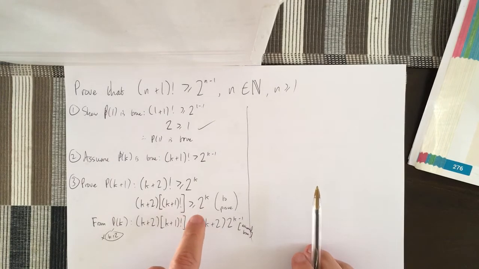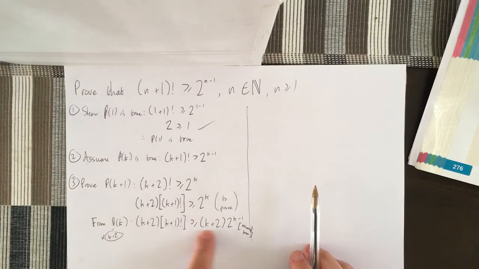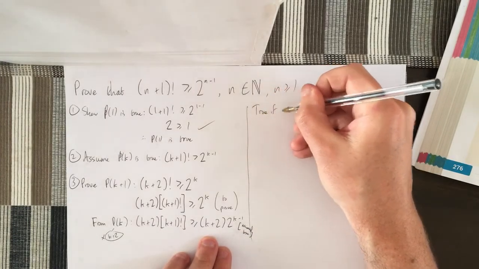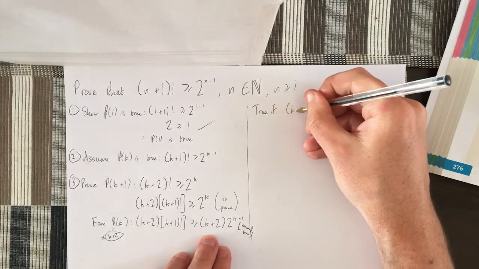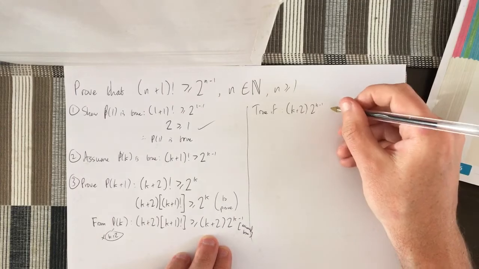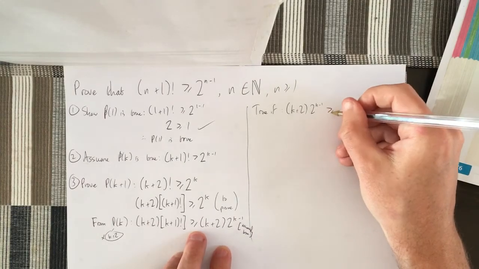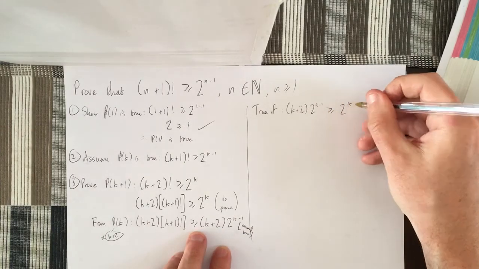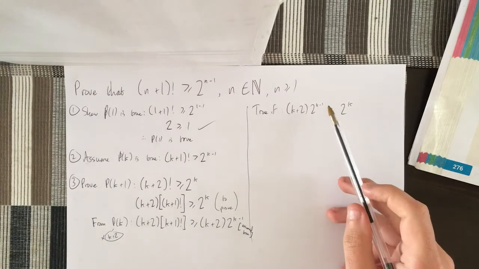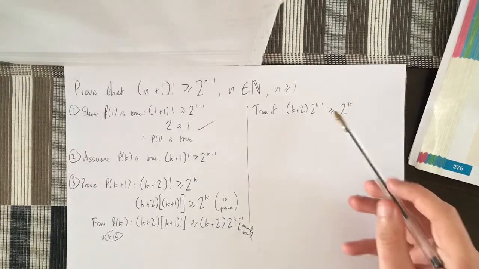Okay, so 2 to the k must be less than this, or just flipping it the other way around. That is true if (k+2) times 2 to the k minus 1 is greater than or equal to 2 to the k.